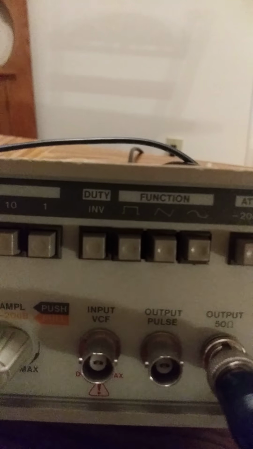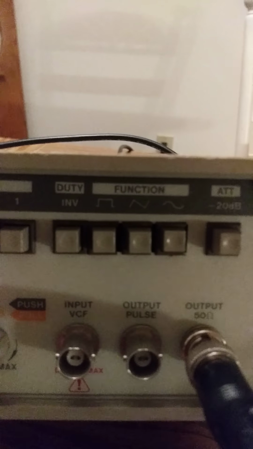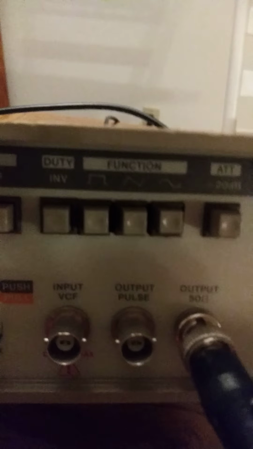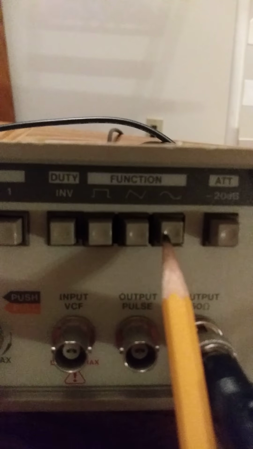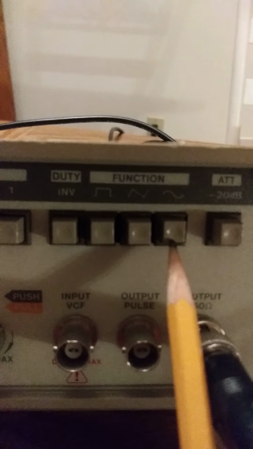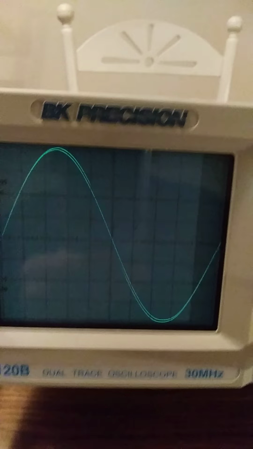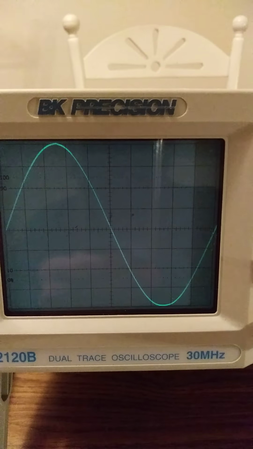Now let's look at the function generator. This particular one has the ability to generate 3 types of functions. Right now I'm generating a sine wave by pushing that button right there, and you can see that I have a nice sine wave on the oscilloscope.